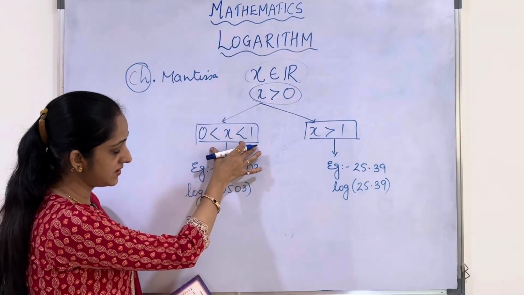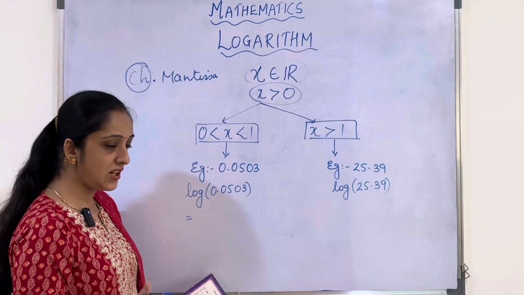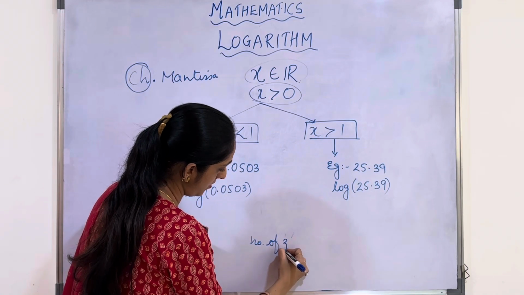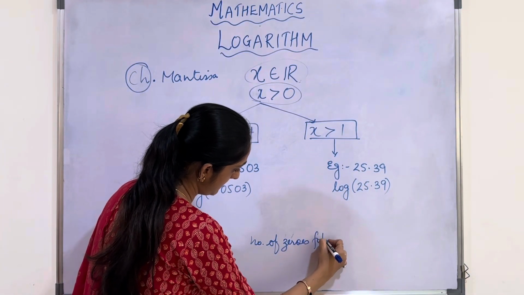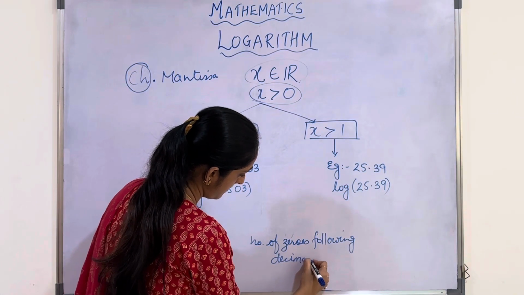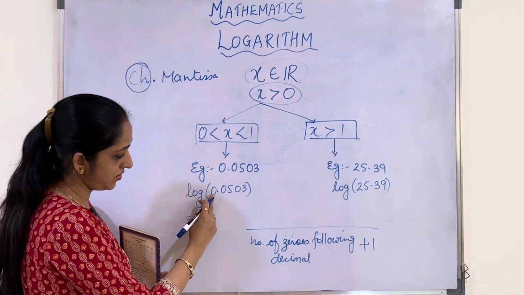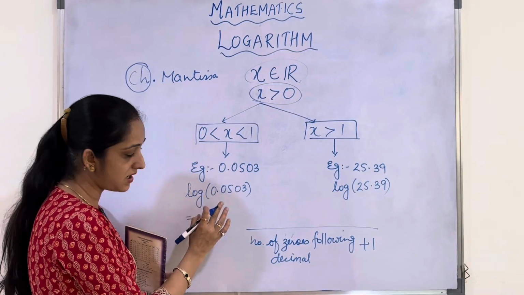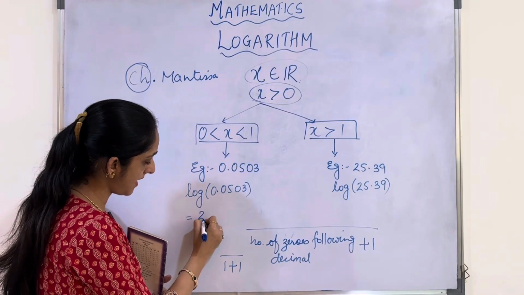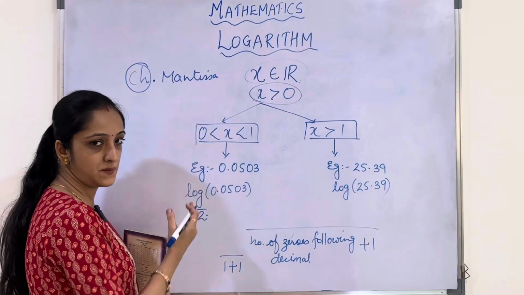Whenever the number is less than 1, characteristic is simply the number of zeros following the decimal plus 1, whole bar. So here, the number of zeros following the decimal, just after the decimal, is 1. So 1 plus 1 is 2 bar. So in this case, characteristic is 2 bar. This is how we find characteristic for a number which is less than 1 but greater than 0.